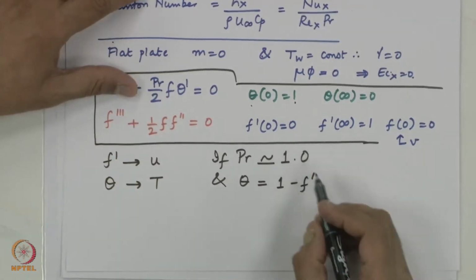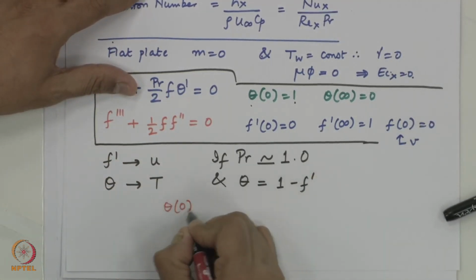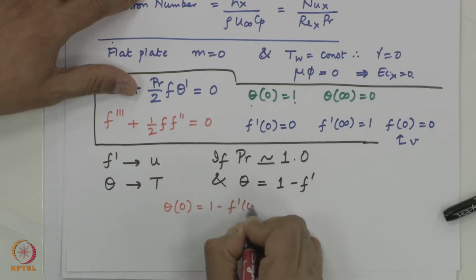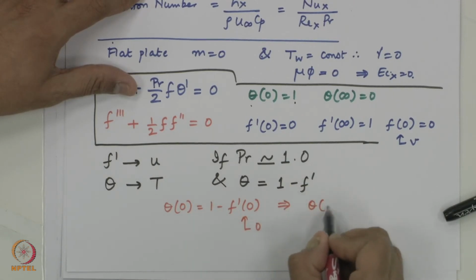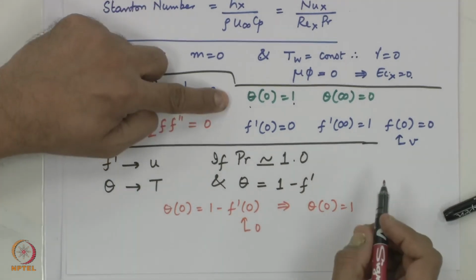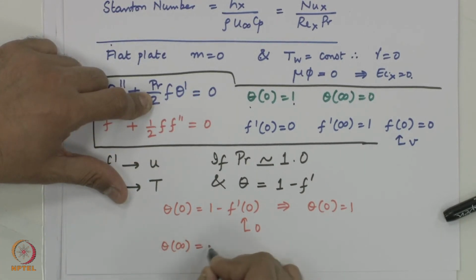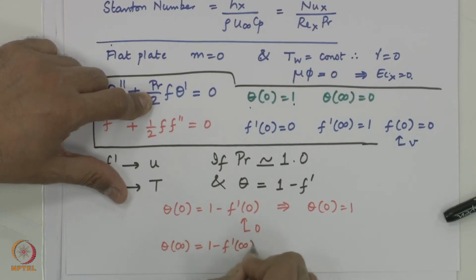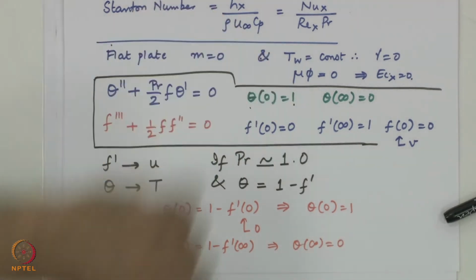Okay, so let us just substitute. Theta of 0 is equal to 1 minus f prime of 0. F prime of 0 is 0. Therefore, theta of 0 is equal to 1. We got this. Similarly, theta of infinity is equal to 1 minus f prime of infinity. F prime of infinity was 1. Therefore, theta of infinity is equal to 0. We got this.